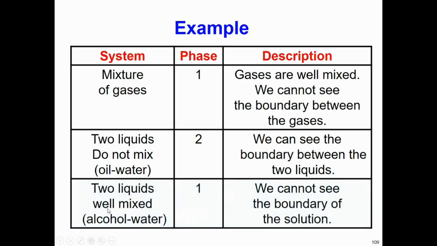But for two liquids which are well mixed with each other, for example, alcohol and water, this is only a one-phase system because we cannot see the boundary of the solution. So as a conclusion here, for liquids that are heterogeneous, we have a two-phase system, but for liquids that are homogeneous, there is only one phase.